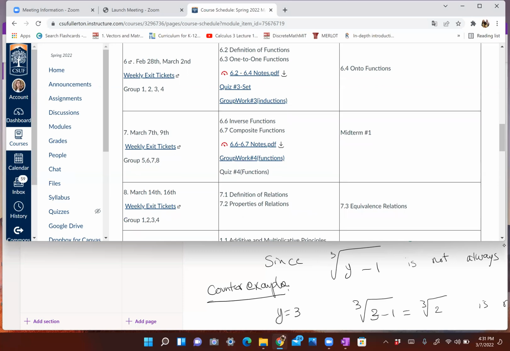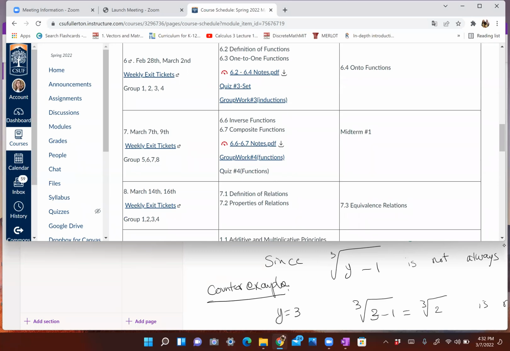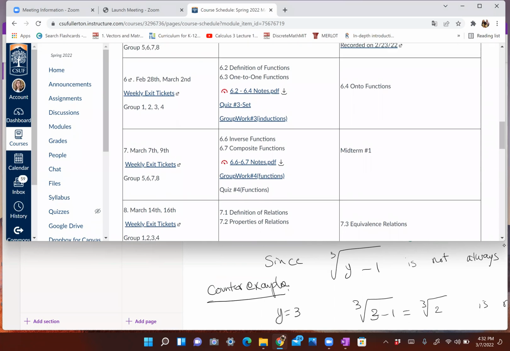This is inverse function, and the only thing we want to do is more practice with the same concept of the inverse, and then one-to-one and onto. So that's what we want to do.